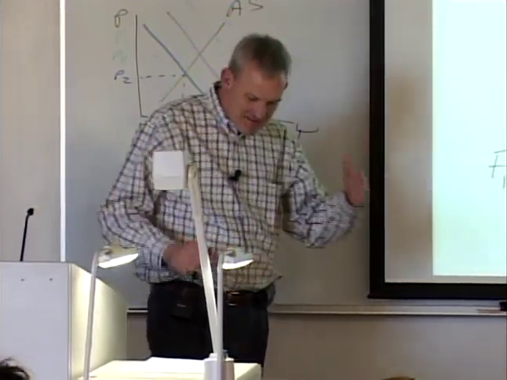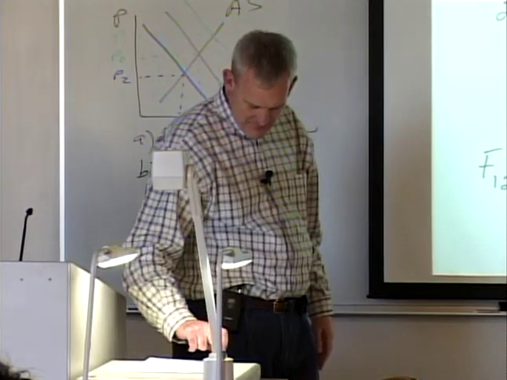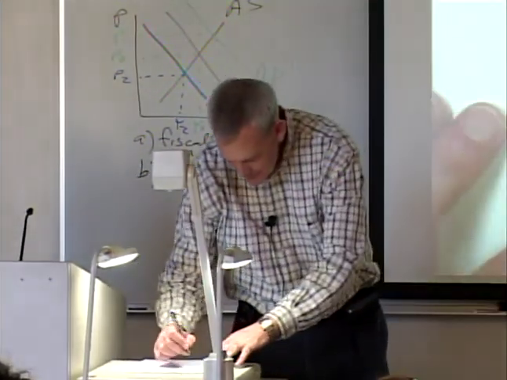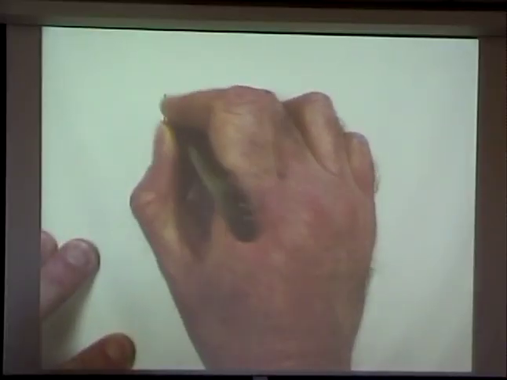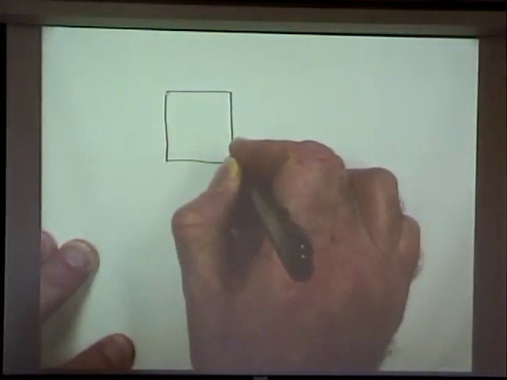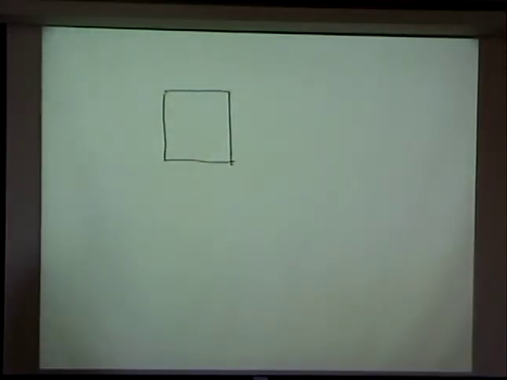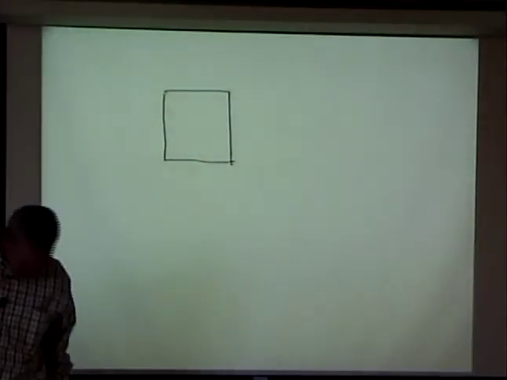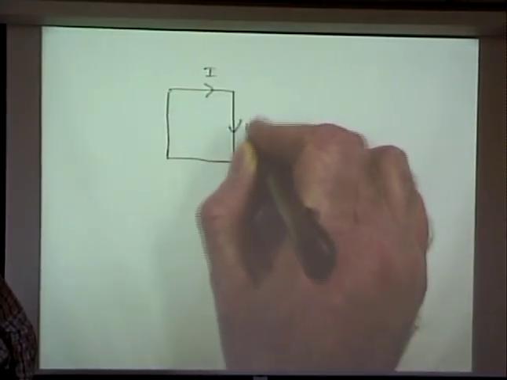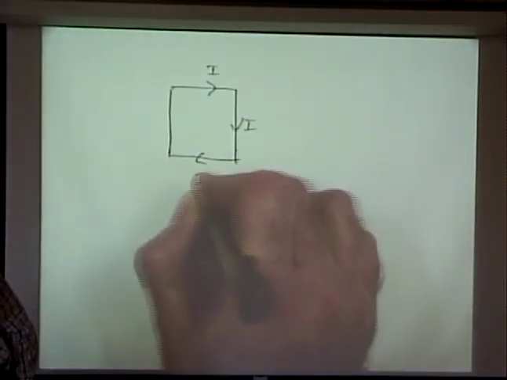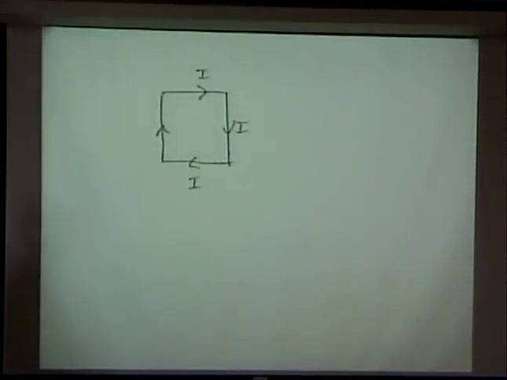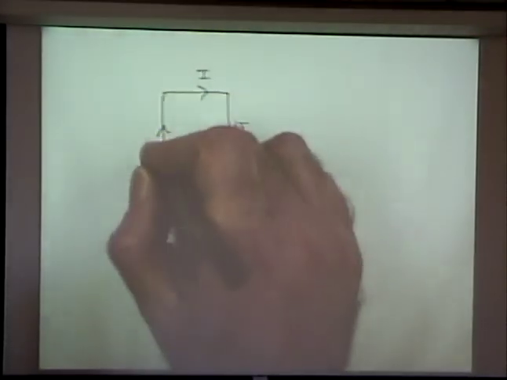And then the second type of problem you could expect from chapter 19 would be like this. I've got a coil of wire, and let's run the amperage this way. Somehow, by some kind of magic, I've got current flowing through it like this, and the I is all the same.